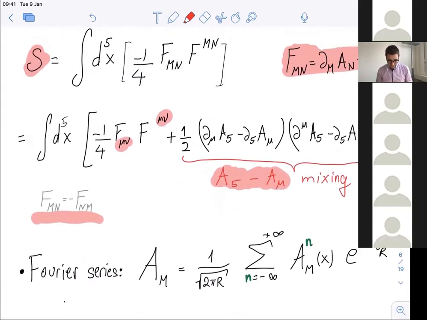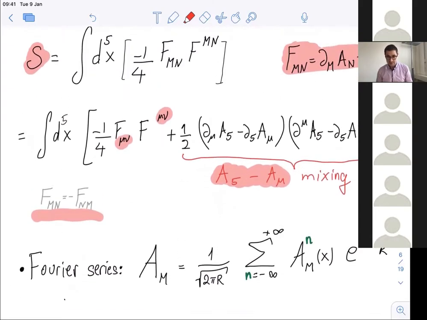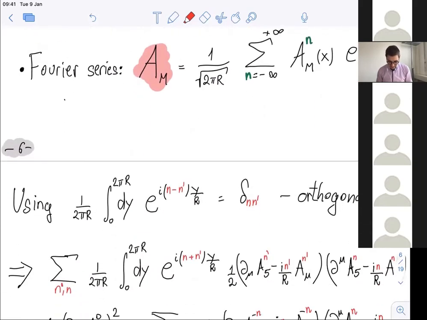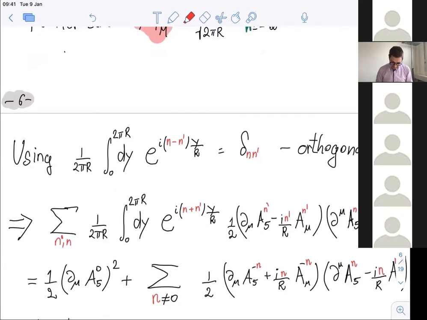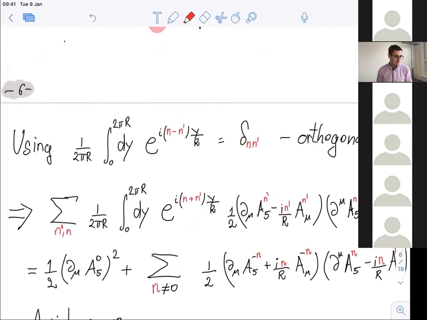Now we should go to 4 dimensions, so integrate over the extra dimension by first writing the 5D vector field as a Fourier series and plugging in. So here I am doing the calculation. I'm basically integrating over the extra dimension from 0 to 2 pi r.